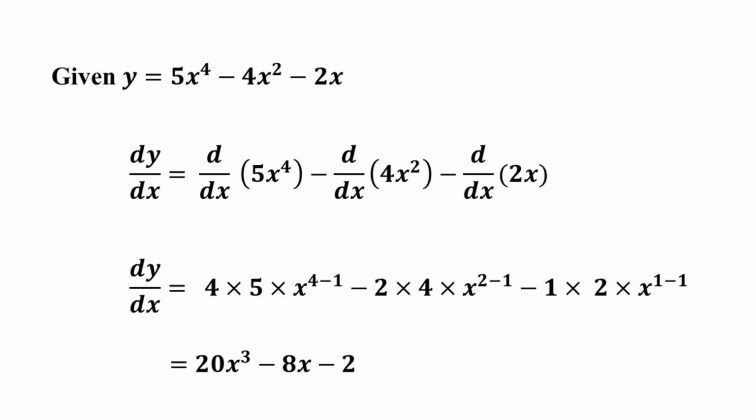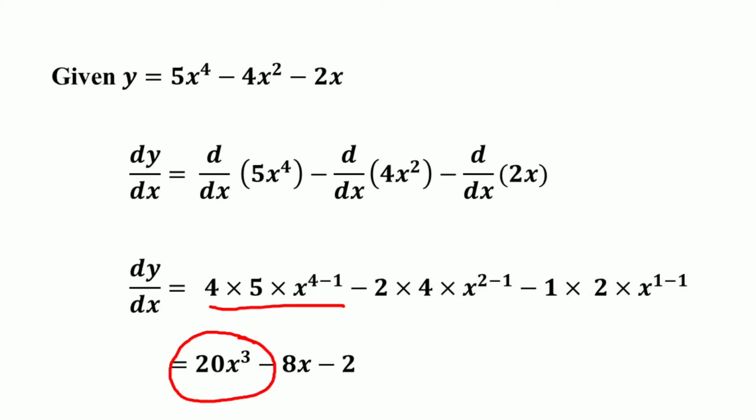So dy/dx is equal to the derivative of 5x raised to the power 4, which is equal to 4 into 5 into x raised to the power 4 minus 1, minus the derivative of 4x square, which is equal to 2 into 4 into x raised to the power 2 minus 1, minus d/dx of 2x, which is equal to 1 into 2 into x raised to the power 1 minus 1.